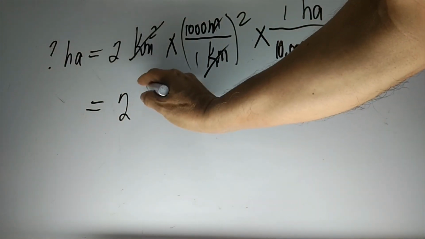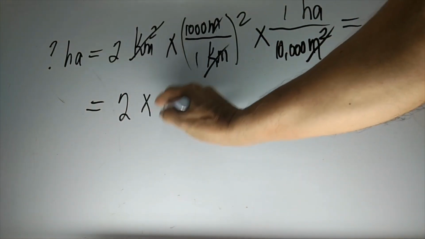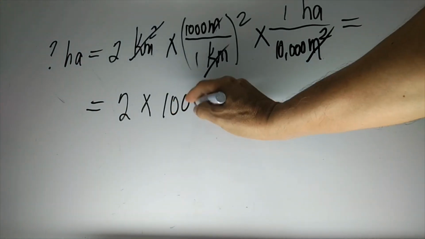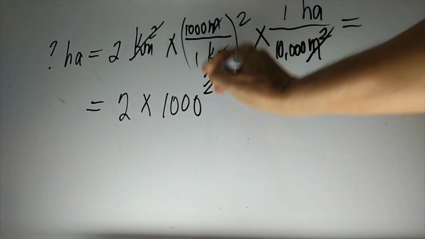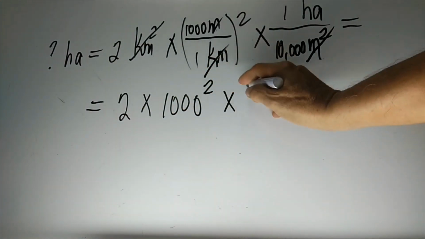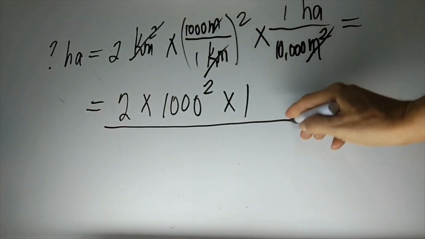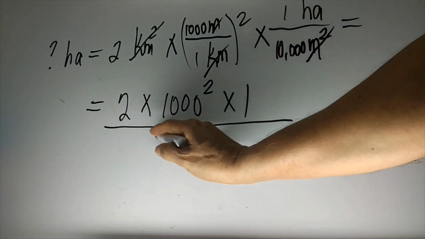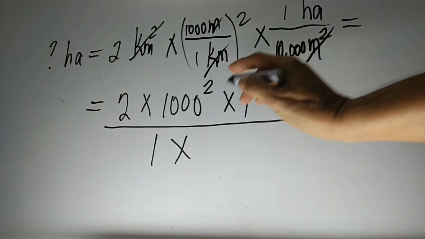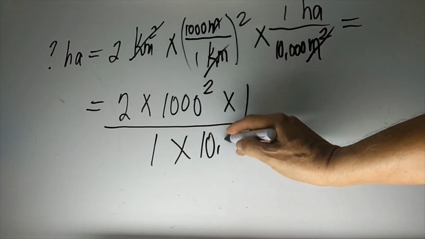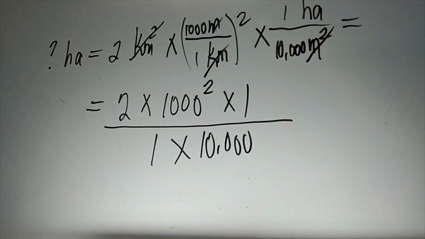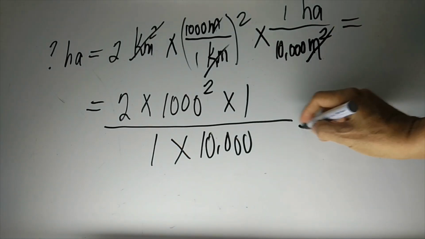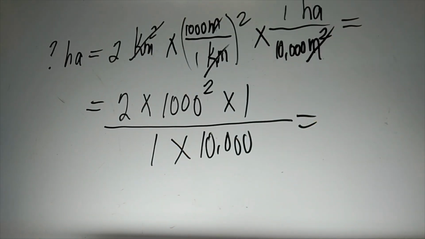2 times 1,000 squared times 1 divided by 10,000. Equate. So, with the help of your calculator, I want you to do it with me.